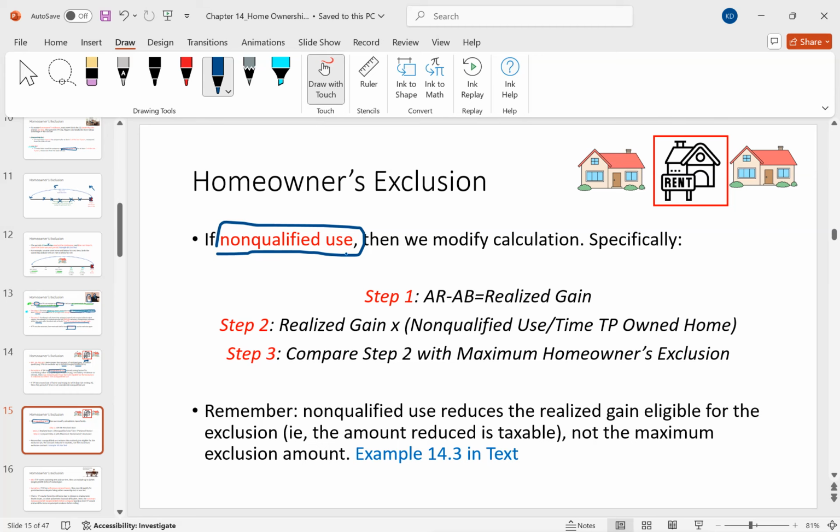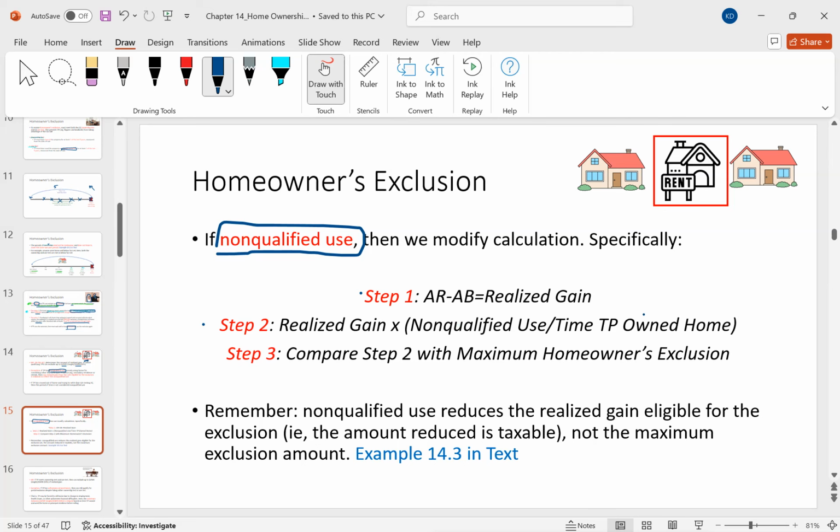non-qualified use, we're going to calculate the realized gain. We sell it for 500. Our basis is 300. There's a $200,000 realized gain. Then we take that realized gain times the non-qualified use, the amount of time that maybe we were renting it out, over the amount of time that we own the home.